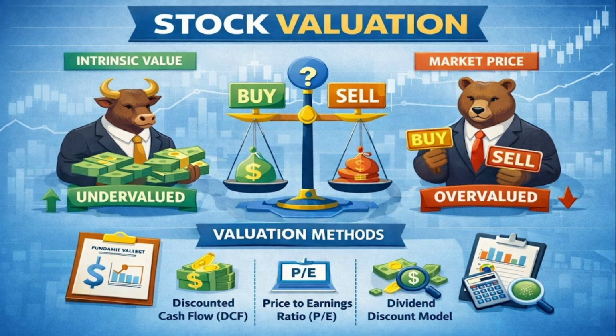In fact, with just six simple formulas or ratios, you can quickly spot overvalued stocks, undervalued stocks, and avoid the biggest beginner mistake. By the end of this video, you will know exactly what numbers to look at, how to calculate them, and most importantly, how to use them to make smarter investment decisions.